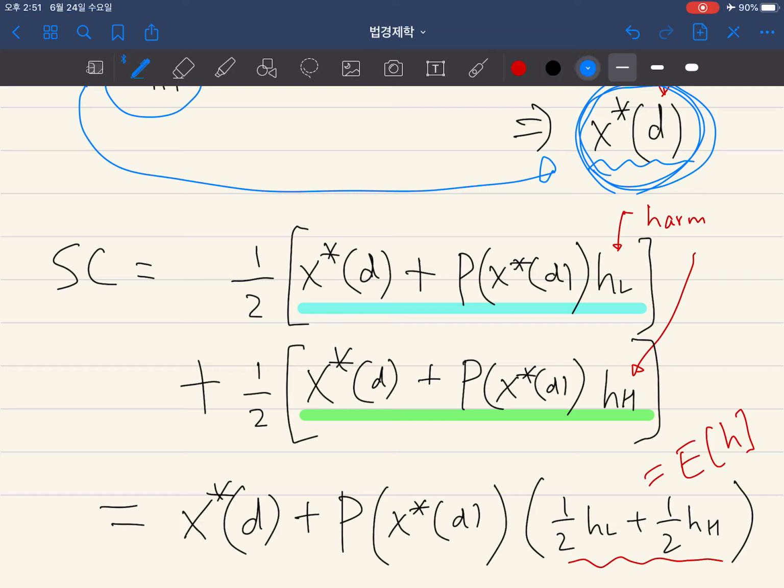And remember, the meaning of this expression is the expectation or average of harm.